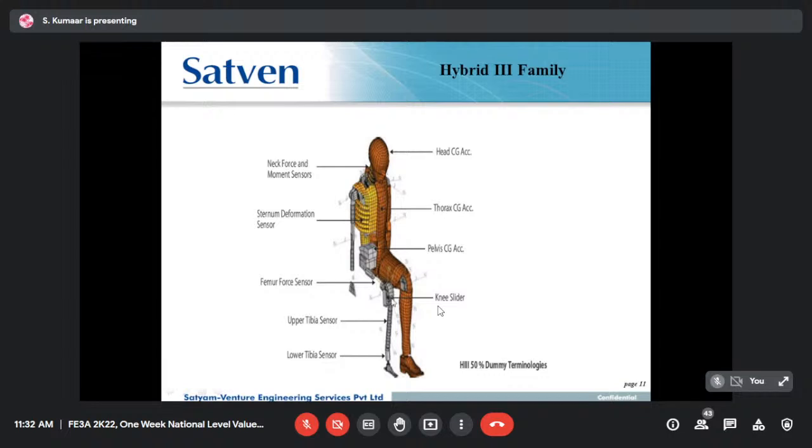And to measure how much the knee is sliding, they have one sensor here. And in the same way, this is for the lower extremity. The lower extremity has the upper tibia sensor and lower tibia sensor. So in the hybrid 3 model, majorly this kind of sensors will be there: accelerometers, potentiometers, and load cells. By using these during the physical test, it will record all the output.